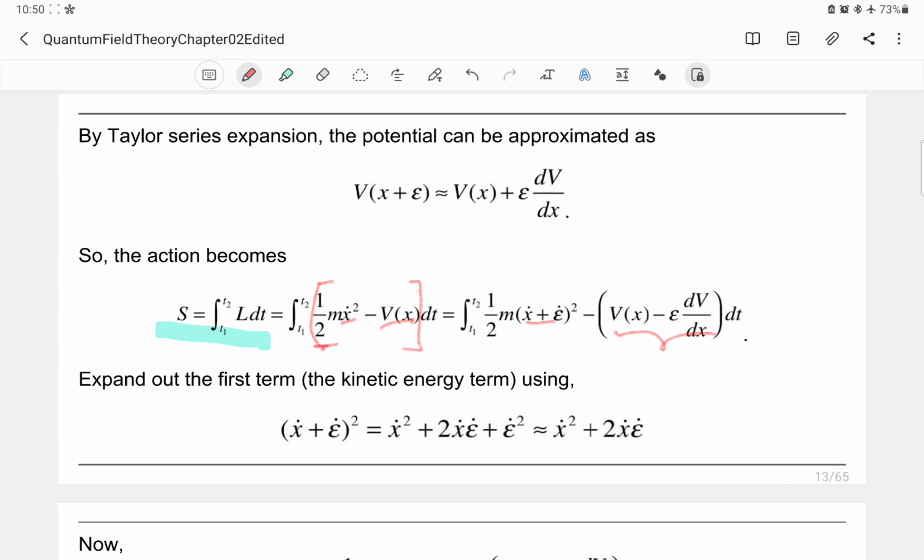So we'll expand this one here: x dot plus epsilon dot square is just equal to this. And of course we neglect this term, so we're just going to consider this term to replace x dot plus epsilon dot square.